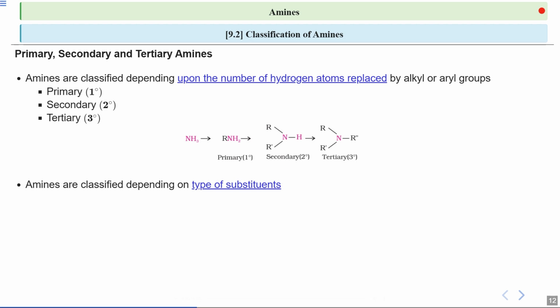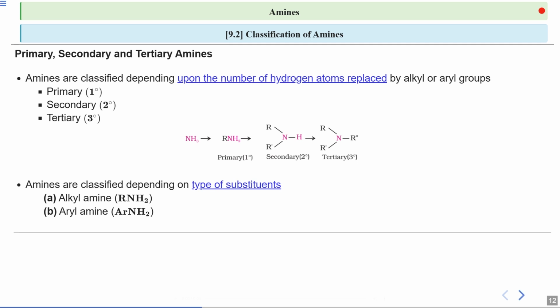So it is classified into 2 main types: alkyl amines, which have the general formula RNH2, where R stands for an alkyl group like methyl or ethyl. The second is aryl amines, which have the general formula ArNH2, where Ar stands for an aryl group, such as the phenyl group from benzene. For example, aniline.